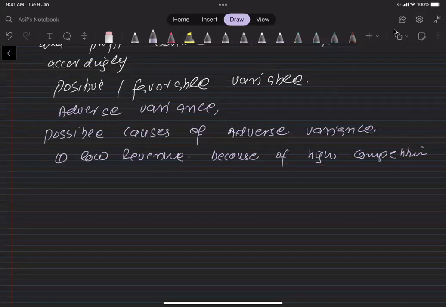If raw material costs are high, for example, we plan to buy the raw material at $2 each and we bought it at $4 each. It might be because the raw material cost in the overall market has increased, because the import prices have increased, because the government has put some taxes on that.